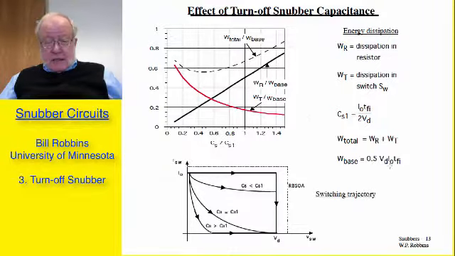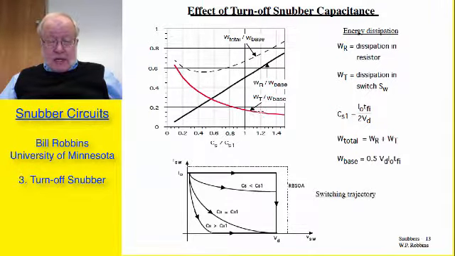W base is the energy stored in the capacitor, 1/2 V sub D times I naught times TFI. That's the charge that's put on the capacitor during that interval. As we increase the capacitor value, the energy that gets dissipated in the resistor is going to increase linearly as we increase the capacitor value.